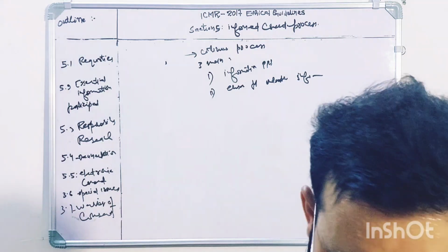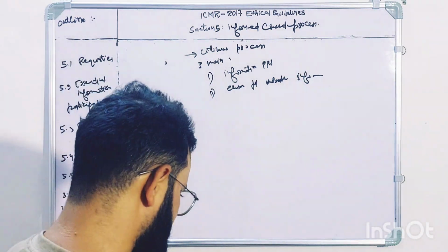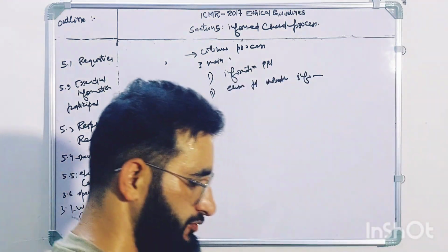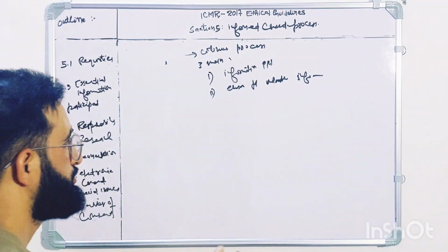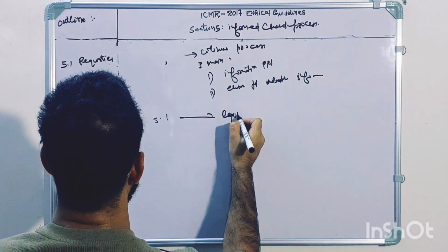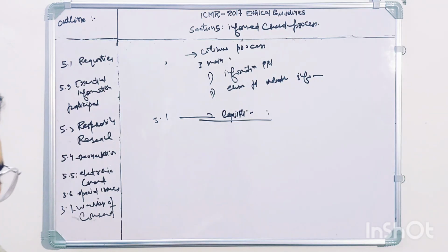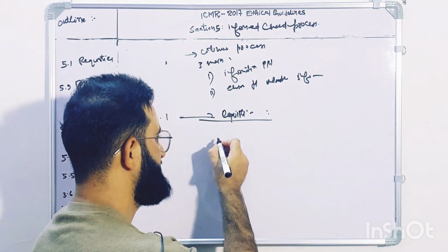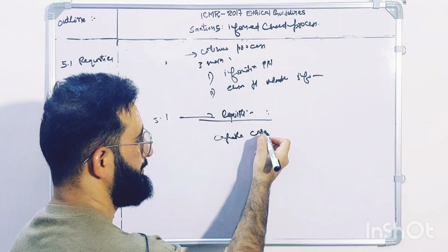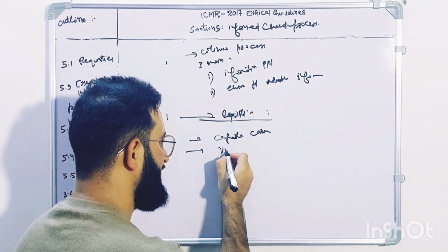Next we will see the first topic in this section, the requisites, meaning the requirements. This is 5.1. The requirement is that the participant should be capable of providing consent, and the consent should be voluntary.